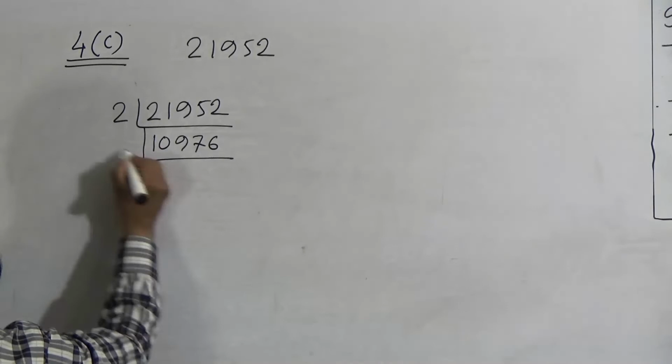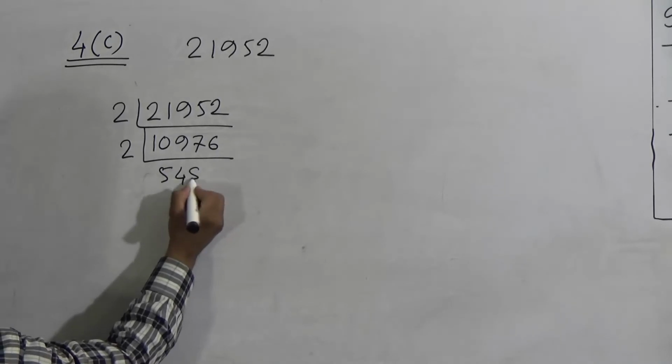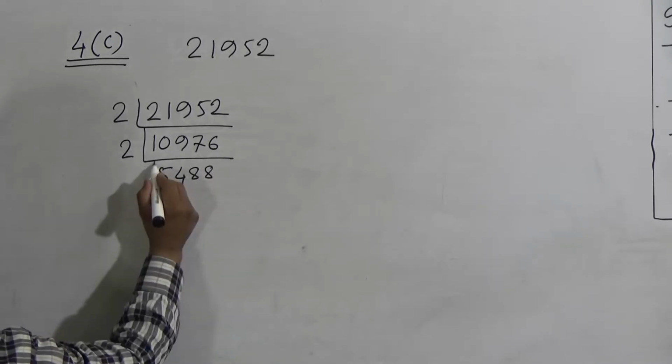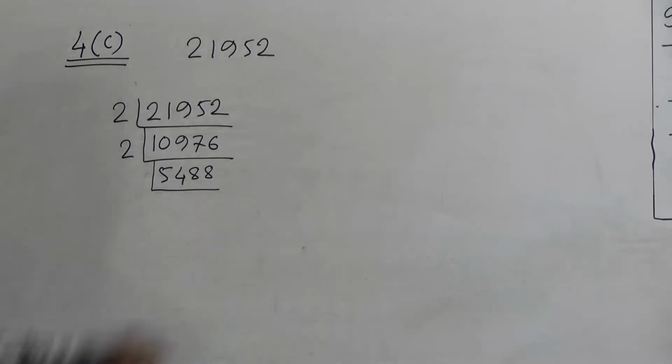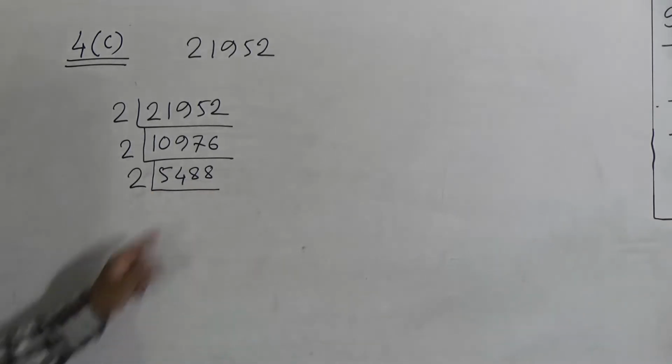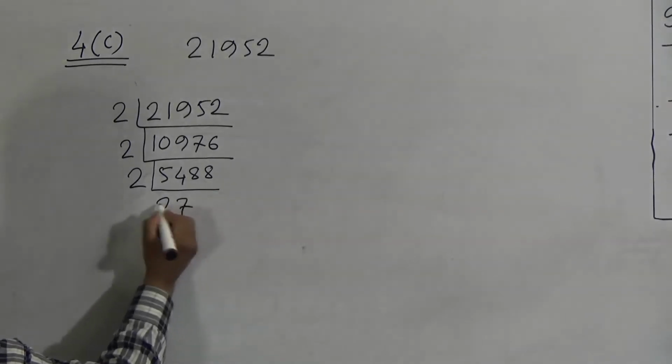Again, we'll get 5,488. Now, 5,488 is again an even number, so we can divide it by 2 again. We'll get 2,744.